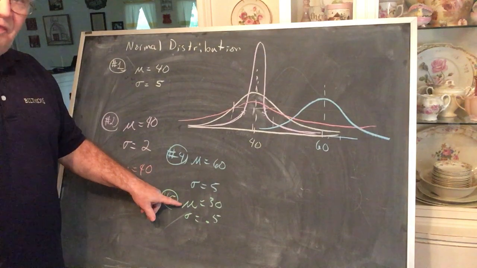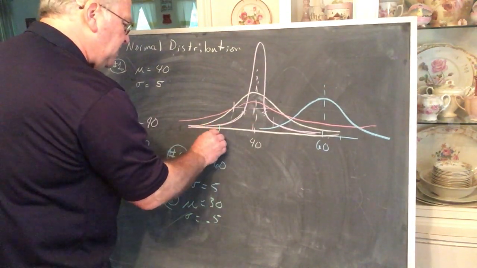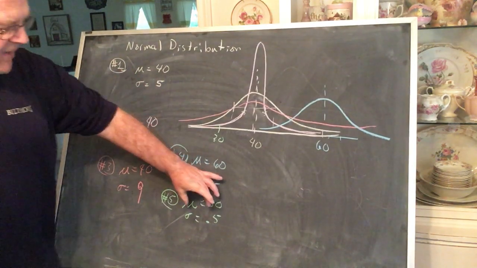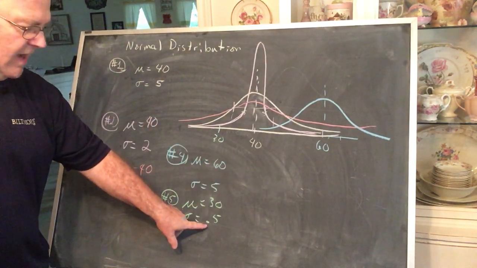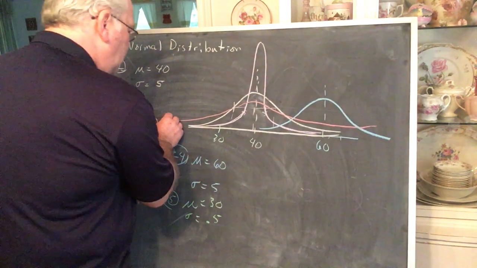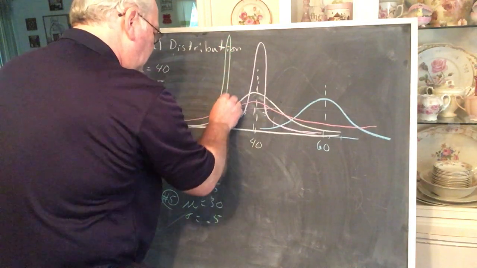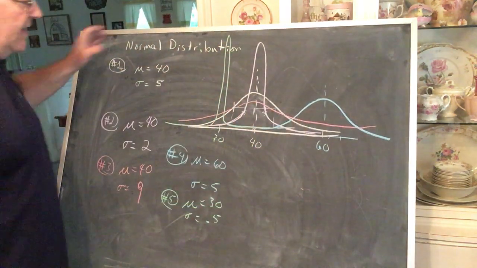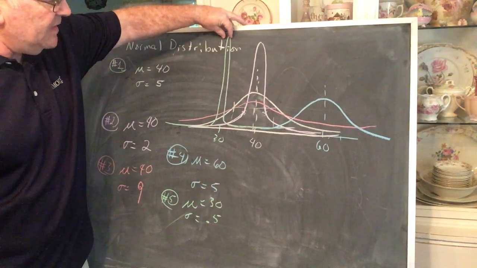But the center is at 30. So here, if this is, let's say, 30, this has to be a very, very tall, very narrow curve because the standard deviation is only 0.5. Again, my picture may be very bad. But you see the idea, very low probability in the tails, very high probability in the center.